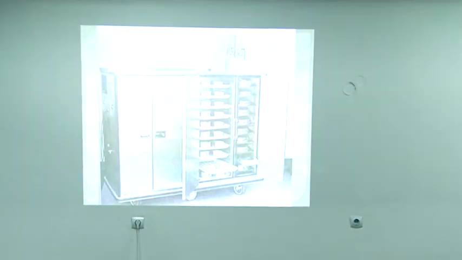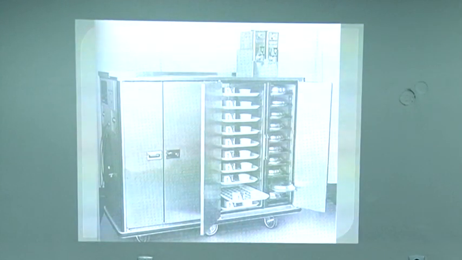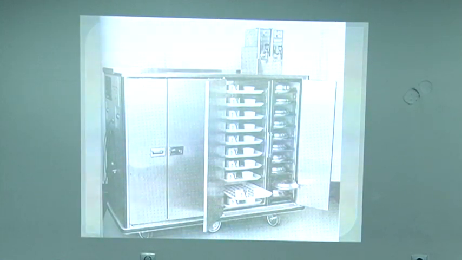Boy, there's lots of pictures of that. Oh, here. This is the cart that I was telling you about. On the left-hand side is the refrigerated trays. 1, 2, 3, 4, 5, 6, 7, 8, 9, 10. Right. Now, this is a little bit different than the one that we used, because the place where the stainless steel dome is, that's the hot food.